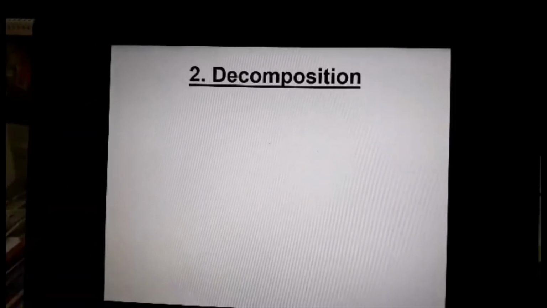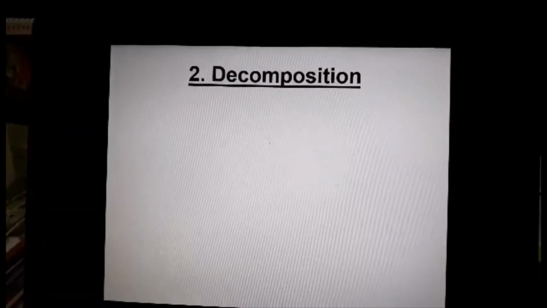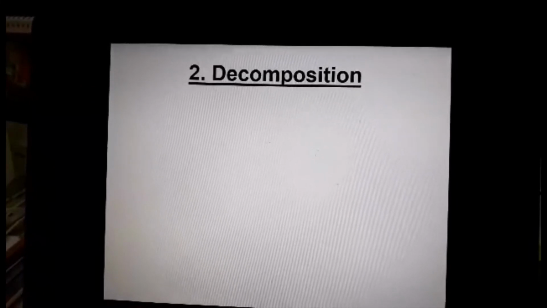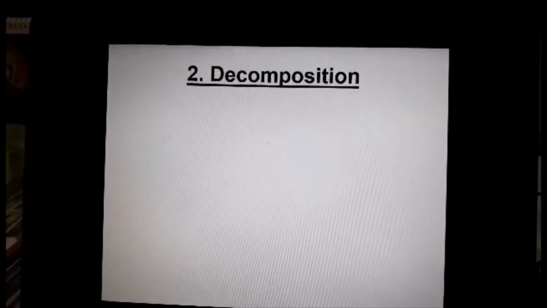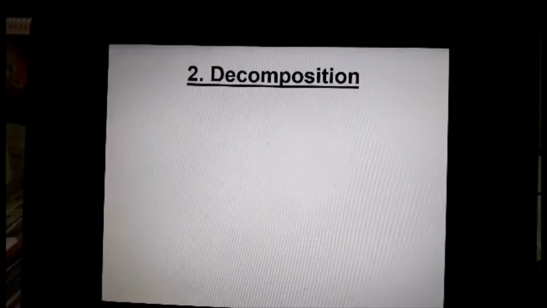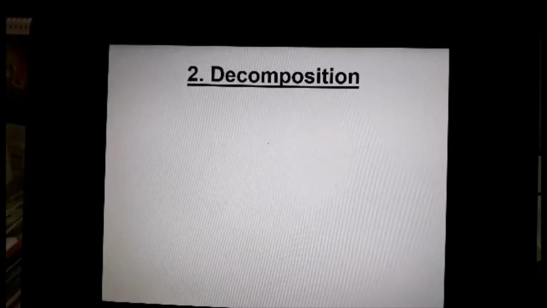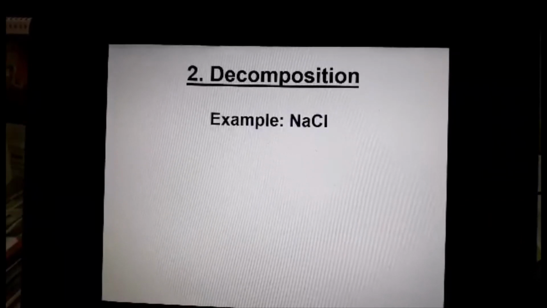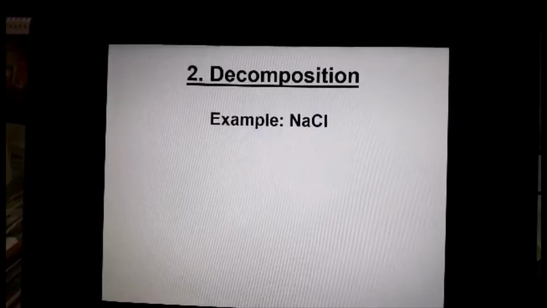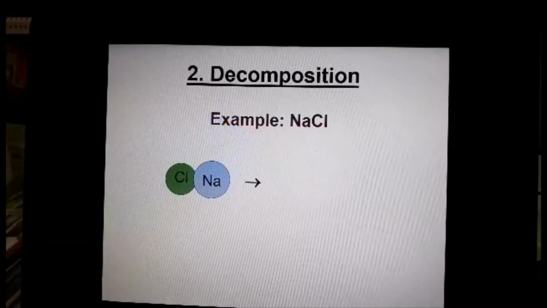The second chemical reaction is decomposition. The decomposition is the opposite of the synthesis reaction. When you combine in synthesis, in decomposition you separate. For example, we have NaCl. So what is its product?